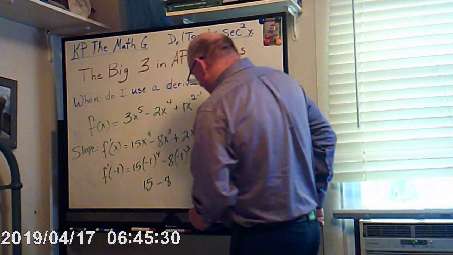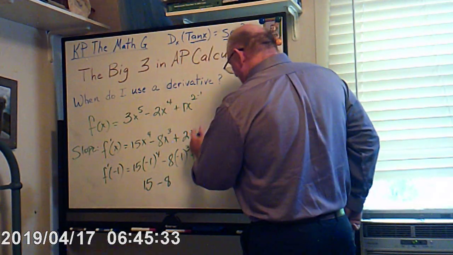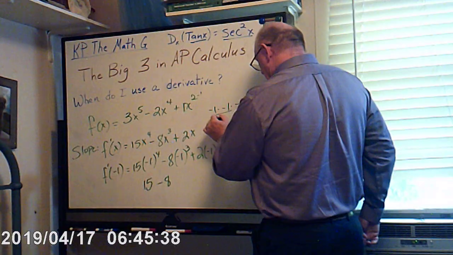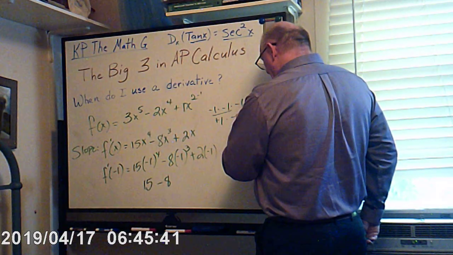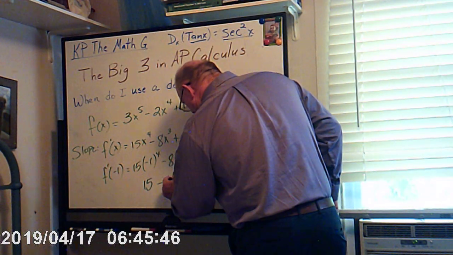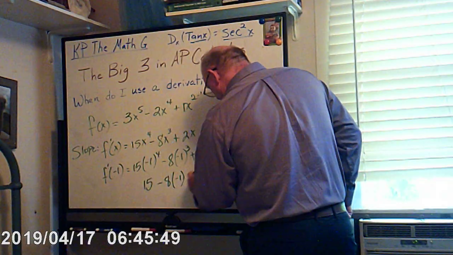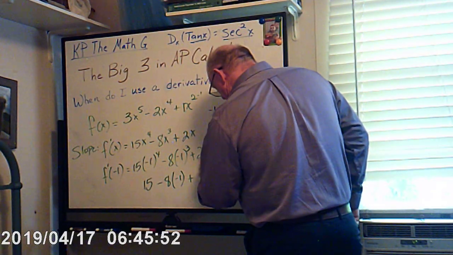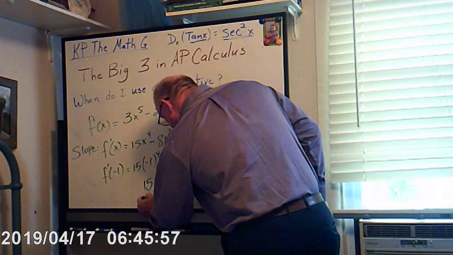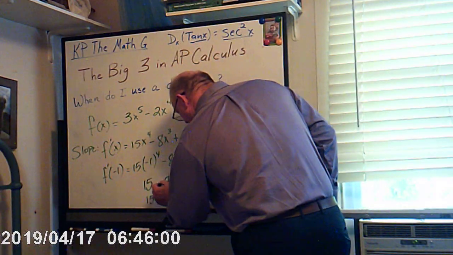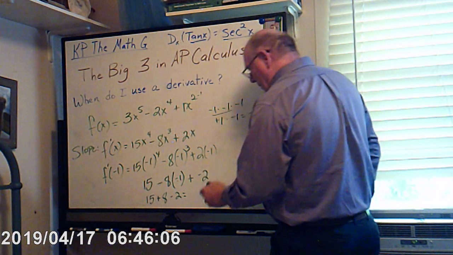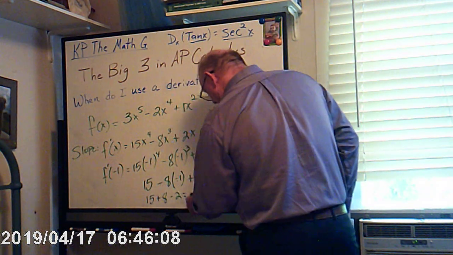Minus 8 times negative 1 cubed: negative 1 times negative 1 times negative 1 is positive 1 times negative 1, which is negative 1. An odd exponent will keep this negative. And then 2 times negative 1 is negative 2. So 15 plus 8, since minus a negative is plus 8, minus 2. That's 23 minus 2, 21.